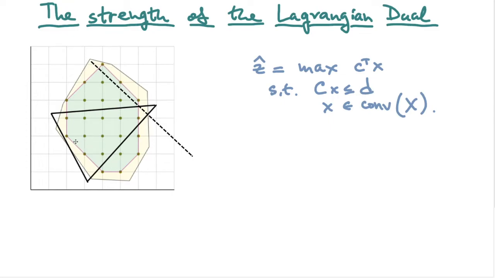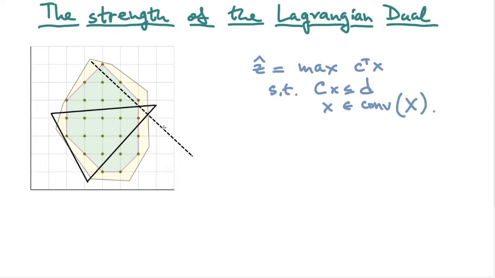Okay, so then the green region is the convex hull of X capital. All right, so assume that all the points within this triangle would be the set of points that satisfy the complicating constraints Cx less than or equal to d. So then the feasible points to our problem would be the integer points on the intersection of the convex hull of X and this triangular set.